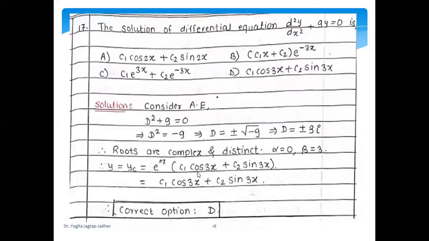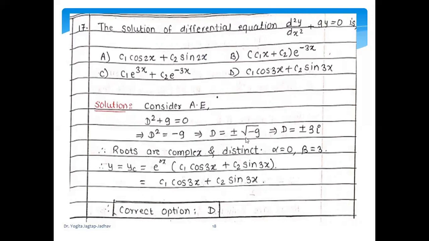Now look at the example number 17, where we have to find out the solution of the differential equation d square y upon dx square plus 9y equal to 0. These four options are provided. Here again, the auxiliary equation for the given linear differential equation with constant coefficients is d square plus 9 equal to 0. When I shift this plus 9 to the right side, it becomes minus 9.